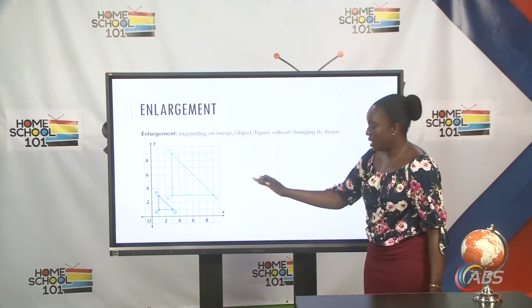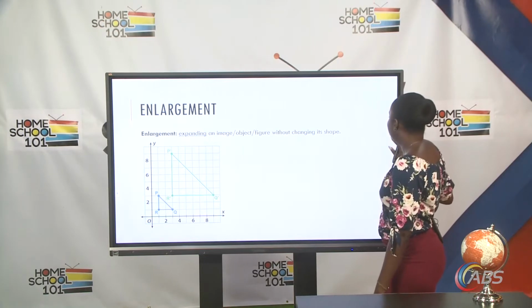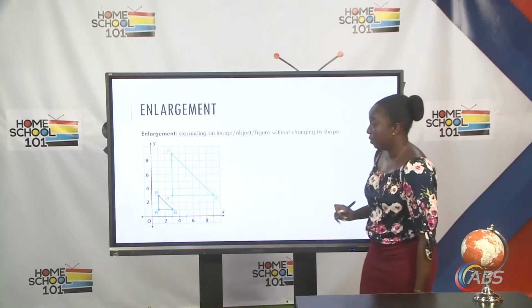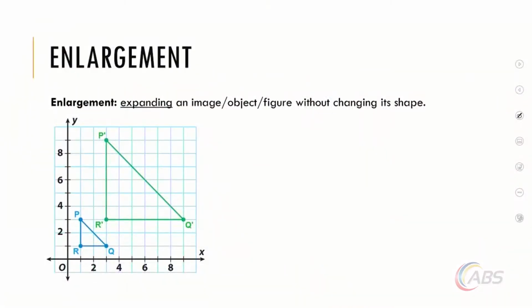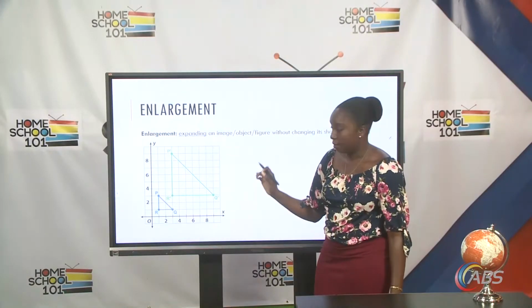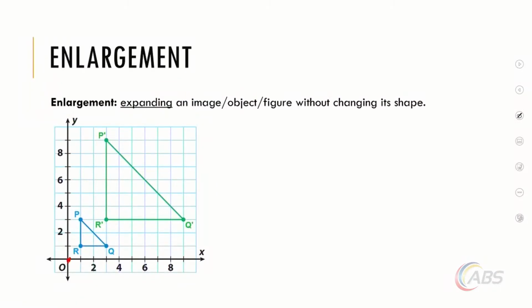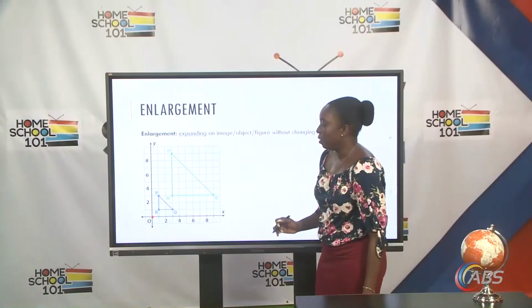And when we talk about enlargement, we always have to have a point of enlargement, okay? And so from this diagram here, we can tell that the point of enlargement is our origin, which is 0, 0, okay?